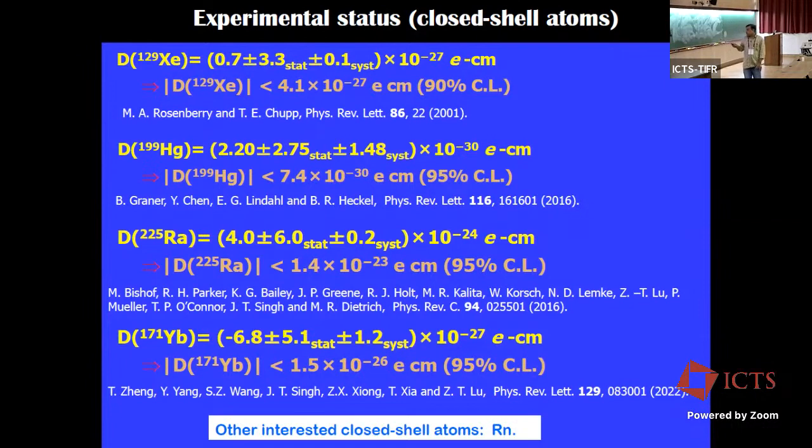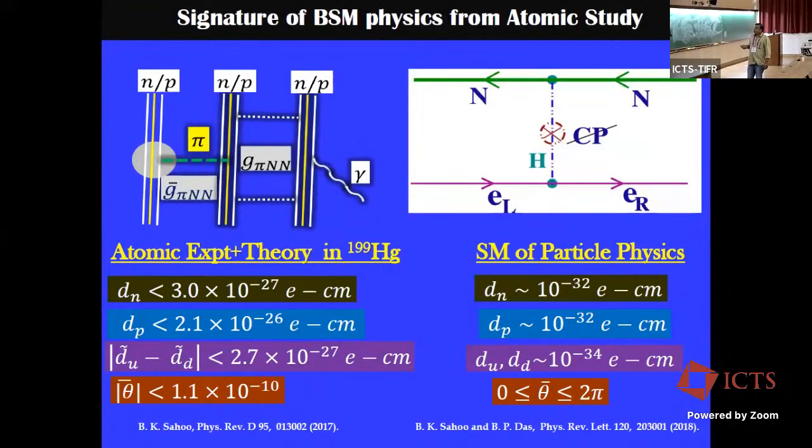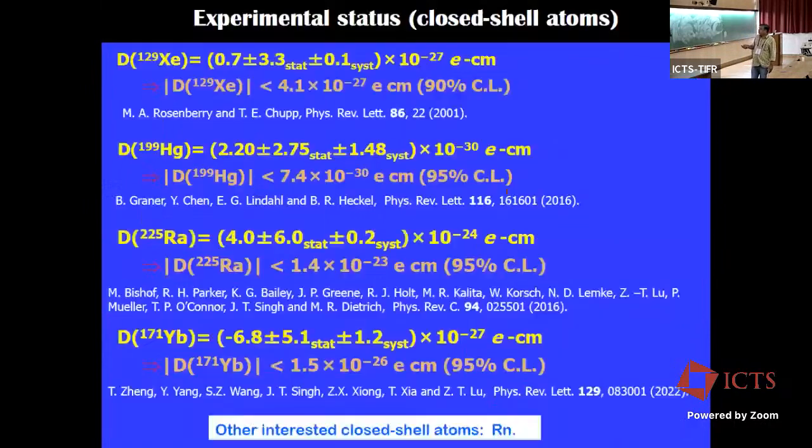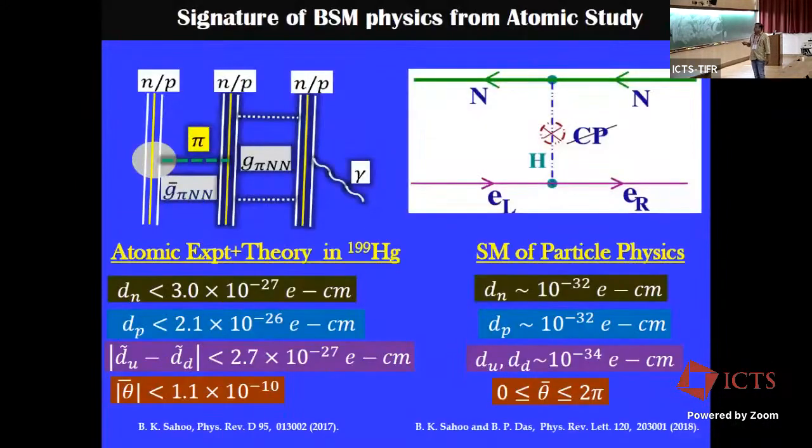So these are atoms, and if you combine them with atomic calculations, from there we can find out the size of the neutron, the dipole moment of the neutron, the dipole moment of the proton, or even the up quark, down quark, and so on. As you see here, we are combining the external result from mercury, which is more accurate compared to other atomic systems.